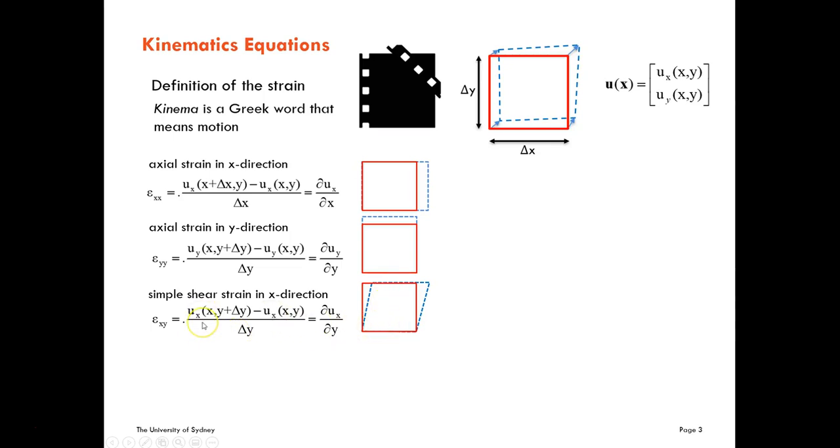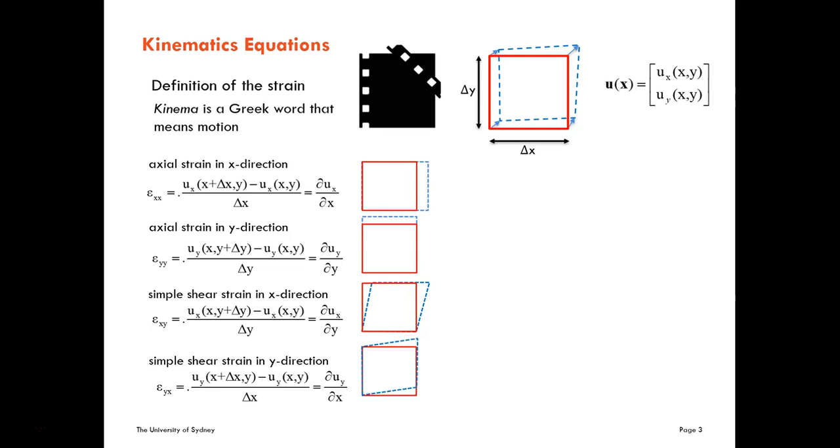So this is the simple shear in the x direction, and you can define the simple shear in the y direction in the same way. It's going to be a shear in the y direction. So these are the components of the so-called gradient of displacements.